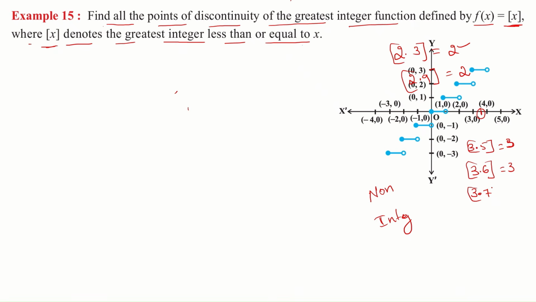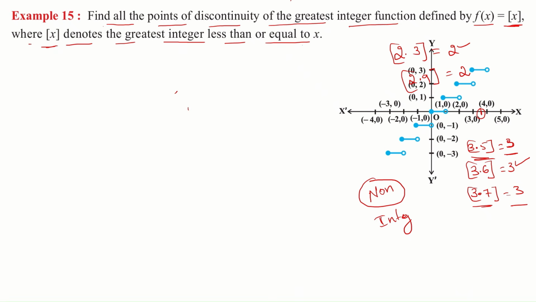The greatest integer function for 3.7 is also 3. It means the value of the function at 3.6 is 3, the left hand limit is also 3, the right hand limit is also 3, so all three are equal. Therefore, the conclusion is that the greatest integer function is continuous at all non-integral values.